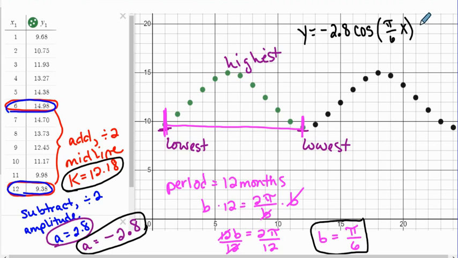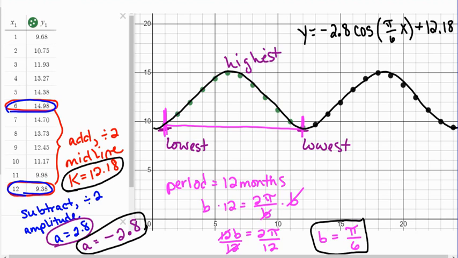So we're going to have a k of plus 12.18. Okay, so when we graph that, hopefully it goes up following this, and then comes back down, repeating that over and over, right? The number of daylight hours on the 15th of every month doesn't change from year to year. It increases and decreases from month to month.